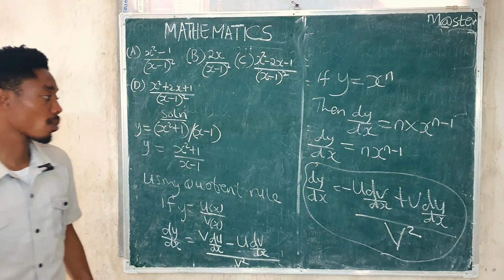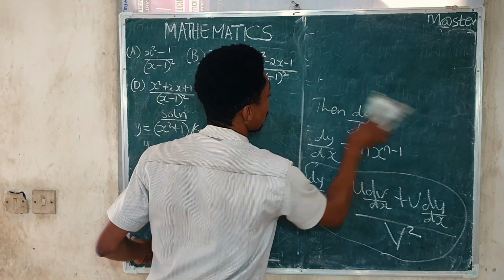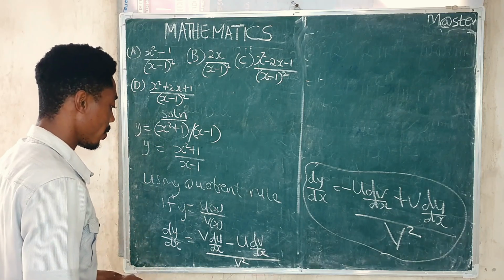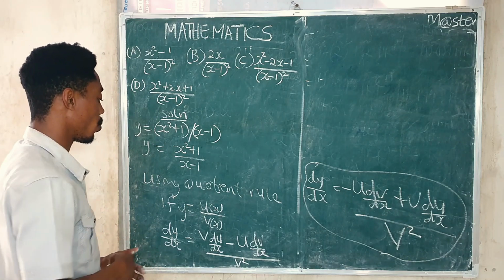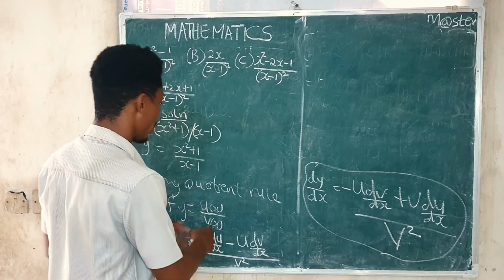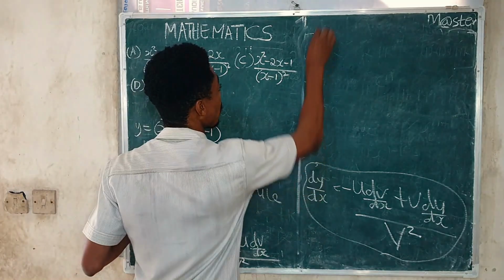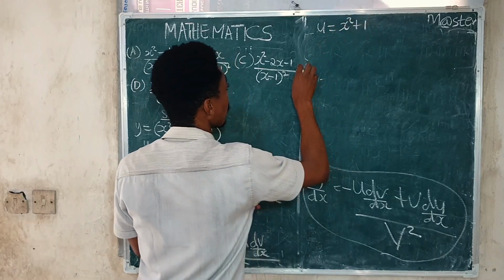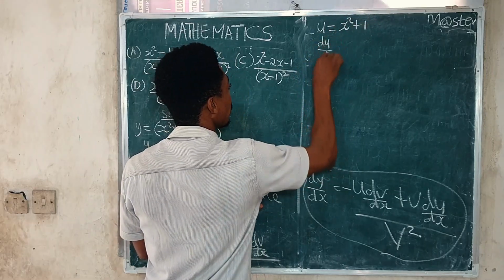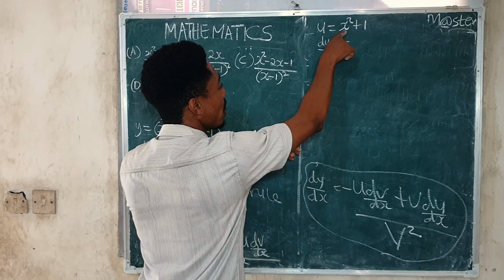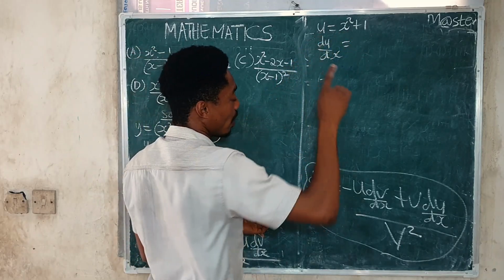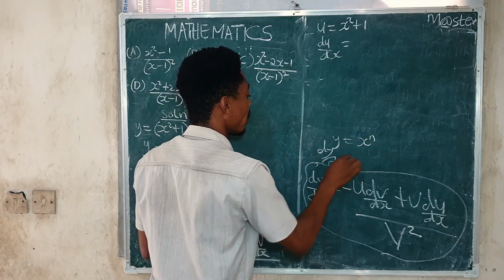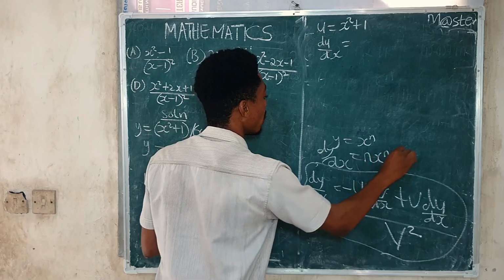If you look at this question critically, what is our u and what is our v? Our u is the numerator and v is the denominator, which are both functions of x. So u equals x squared plus 1. Immediately, let's find du/dx, which means differentiating u with respect to x. Don't forget that if y equals x raised to the power n, then dy/dx is n x raised to the power n minus 1.